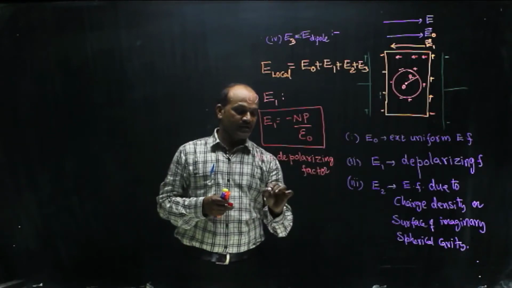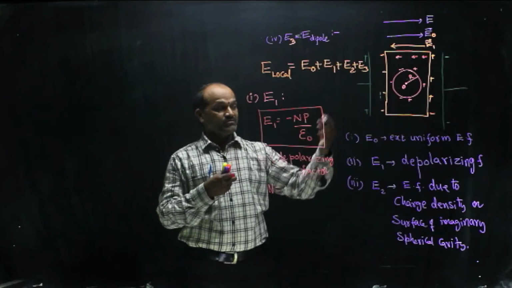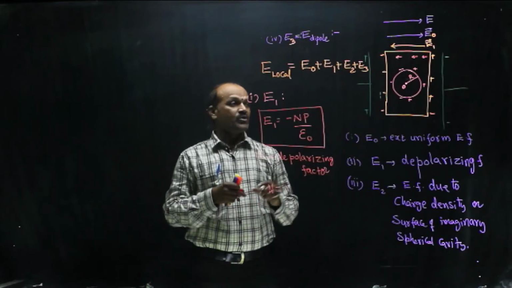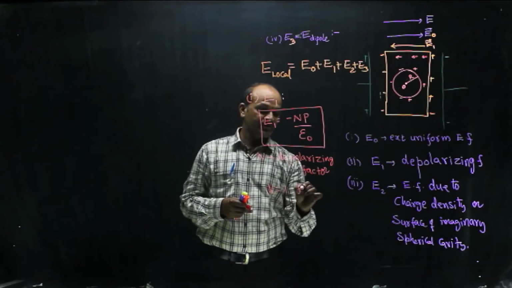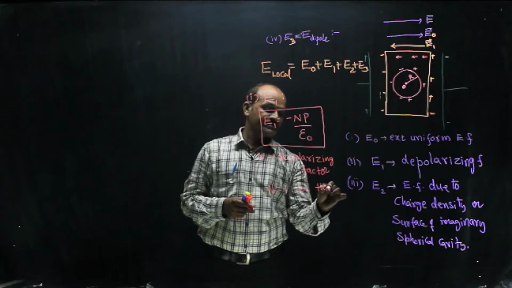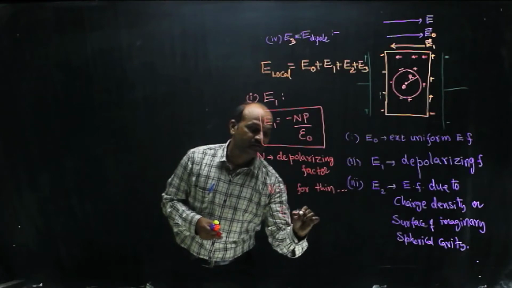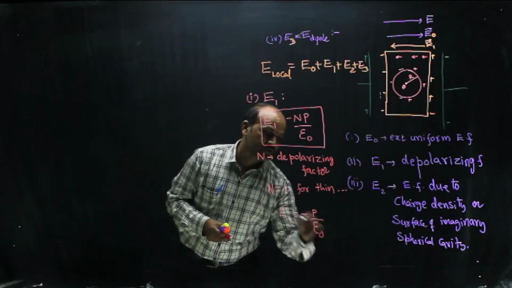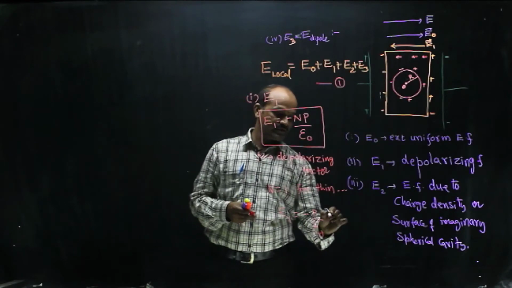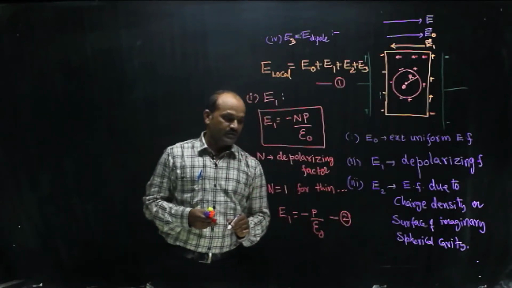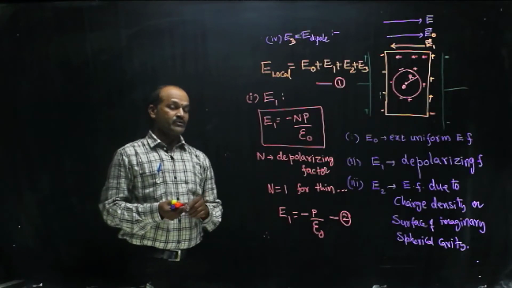Generally, N will have different values depending on the thickness of the slab or shape. N is 1 for a thin dielectric slab. So what is the value for E1 now? Minus P by epsilon naught. If we give equation numbers, let us give 1 to this and 2 to this, so this is E1 equal to minus P by epsilon naught.